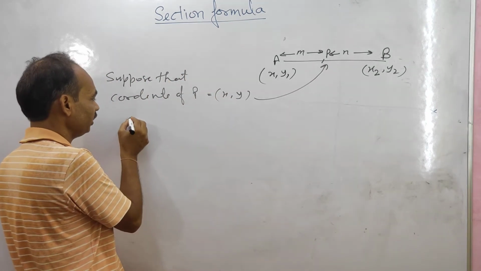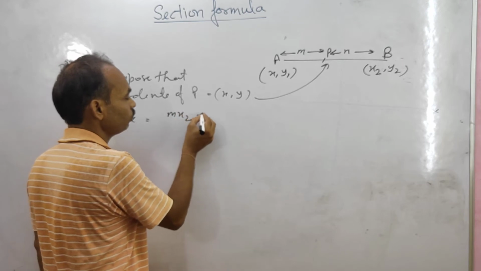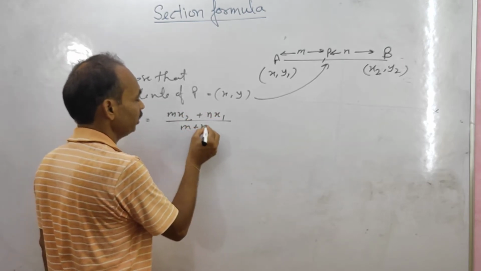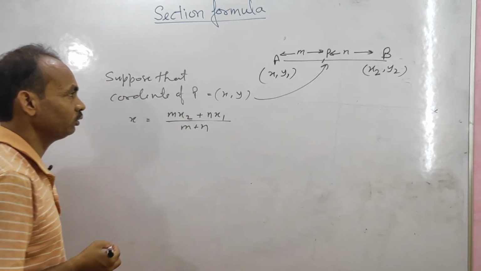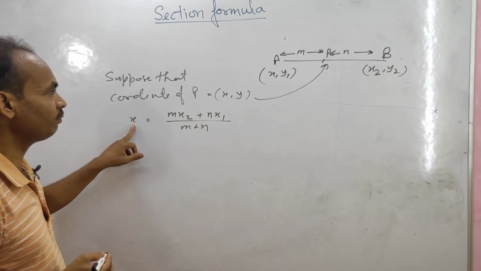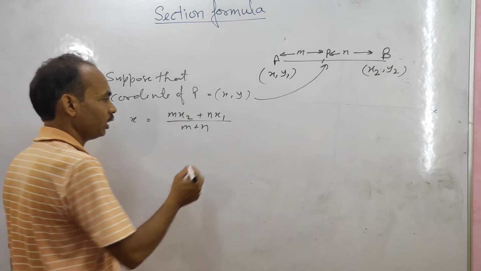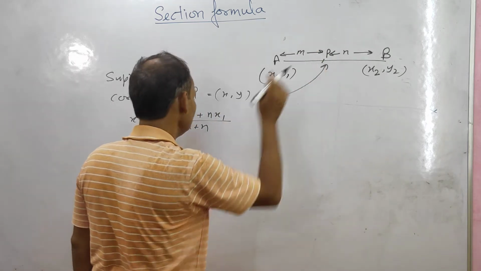How can you find x? A very easy formula: (m x2 plus n x1) upon (m plus n). You can get the value of x for point P by applying this formula. And how can you get the value of y of point P?